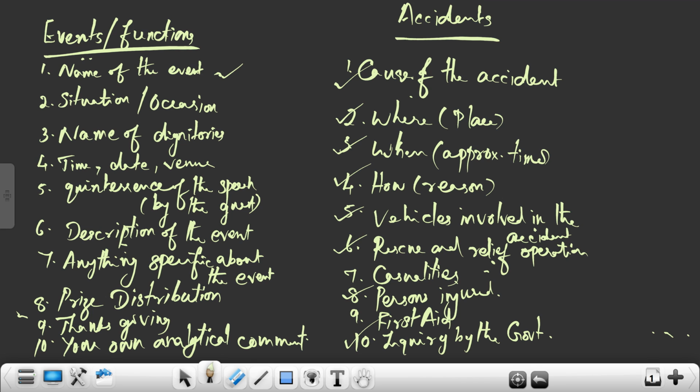And the next step is you have to understand the nature of the achievement. In which field? In science, in geography, in history, in which field he won credit for the nation. And also you have to go through his results and the nature of his credits. And after all, you have to write a comment about the whole thing.